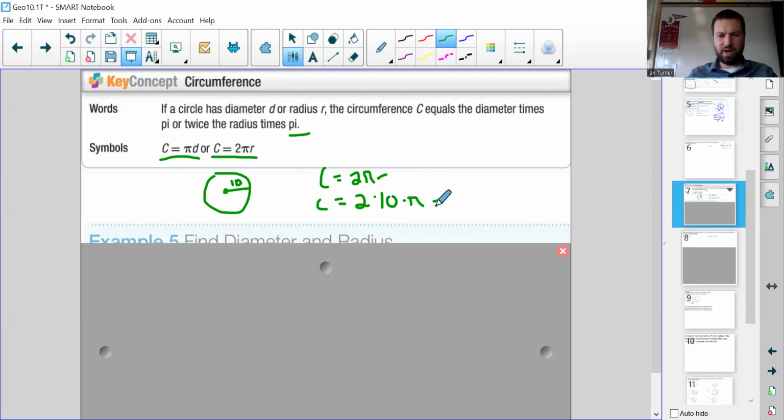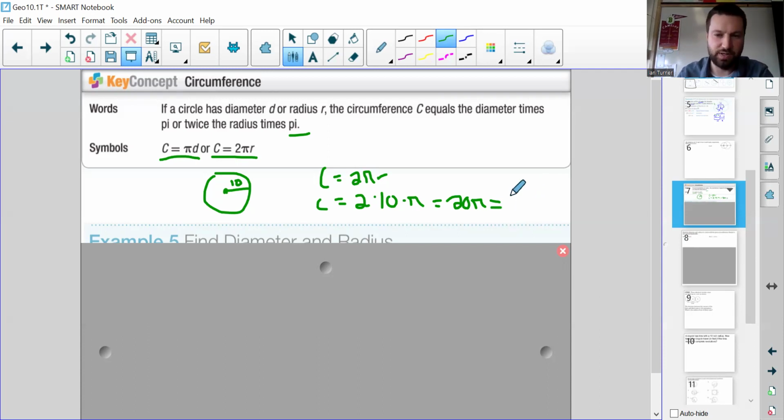So that's 20 pi. Now, sometimes we might want to leave our answers as exact values. Okay, so we could leave the answer as 20 pi if we want it exact. But if we want to approximate or find a value, see if it makes sense in our mind or something, you can plug it in your calculator, and make sure you multiply times pi and not just 3.14.